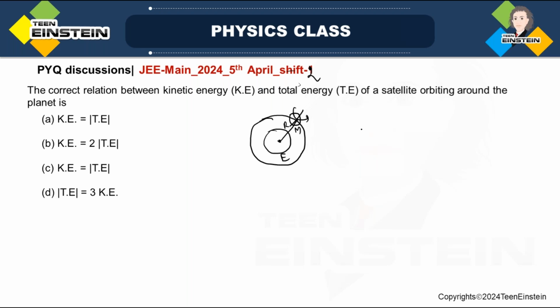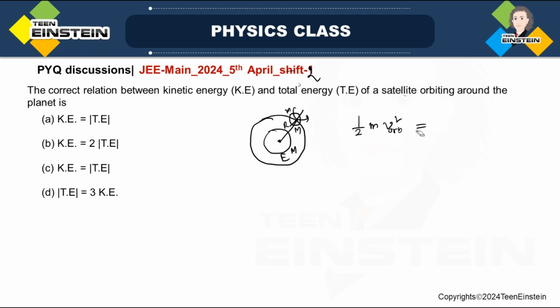So I have to find out what is the kinetic energy of the satellite. Suppose this has mass small m and this has mass capital M. So half m v orbital square, right? This is the kinetic energy I have to find out.